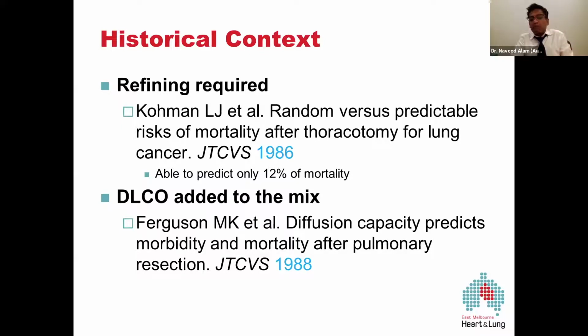And it was soon after that, in the late 80s, when we started to add DLCO into the mix. We noted that the diffusion capacity actually predicts morbidity and mortality very well after pulmonary resection. And this is sort of where we're at, and there hasn't been necessarily a dramatic change since then.